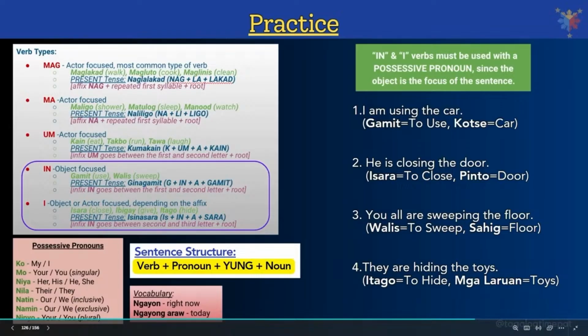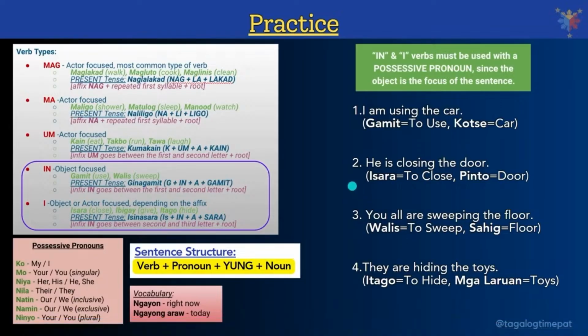So let's do the first one together. Just so we're on the same page, keep an eye on your new sentence structure here, verb plus pronoun, then yung, then the noun. So I am using the car. Gamit is to use. In the present tense, it's ginagamit. Remember, the in just goes between the first and second letter, and then it's the root.